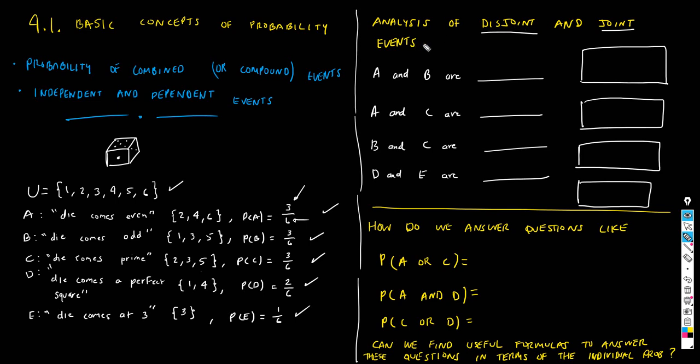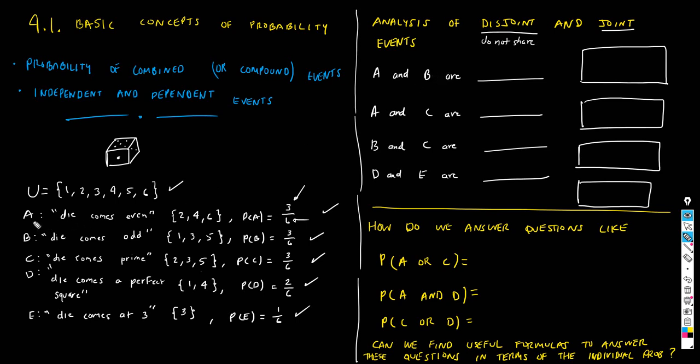Disjoint events means that those events do not have common outcomes. I repeat, guys, disjoint events are events that do not share outcomes.